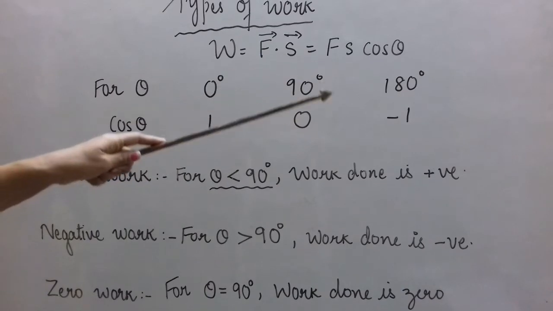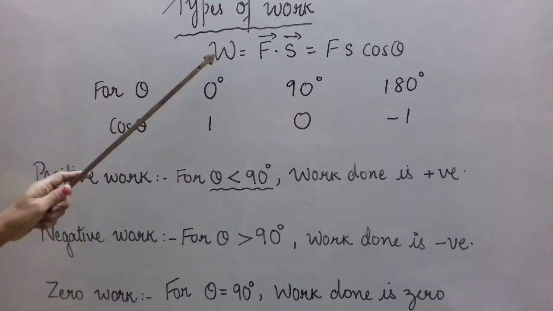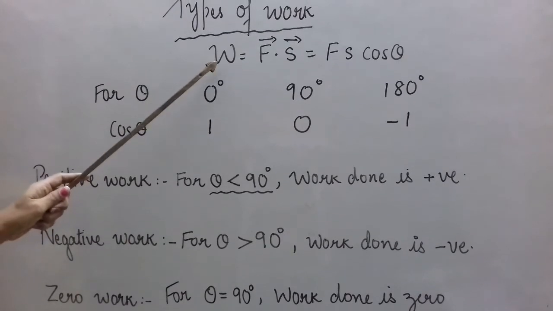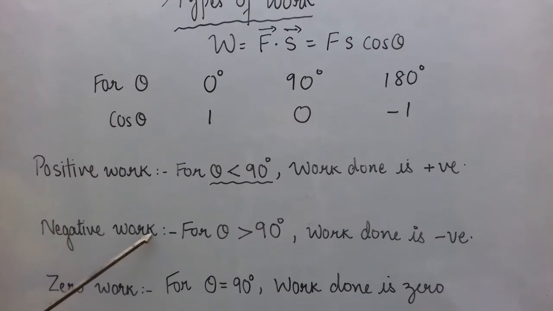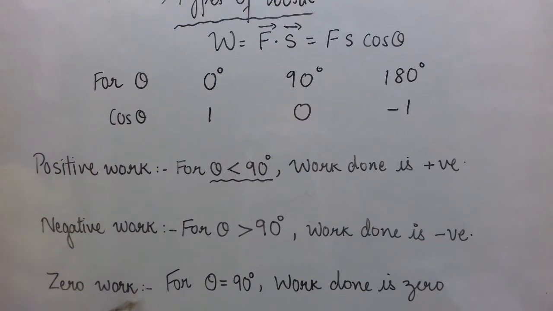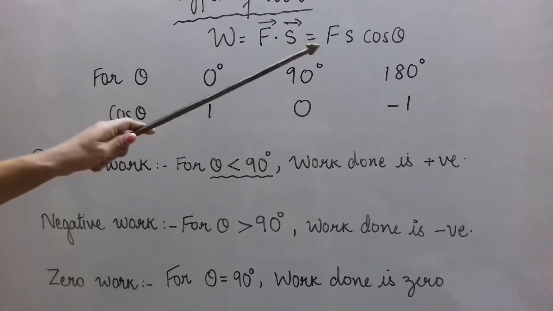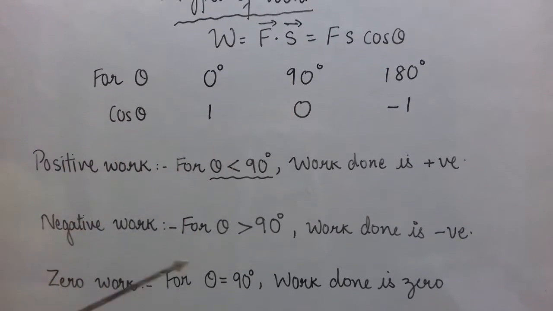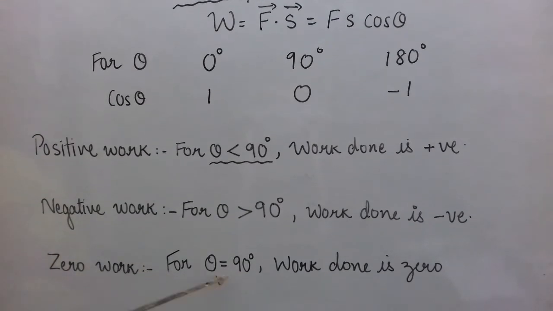When theta is equal to 180 degree, cos theta is minus 1, and in that case maximum negative work is done, and that is W is equal to minus F into S. So last case, when force and displacement are perpendicular to each other, cos theta will be 0 because cos 90 is 0. In that case, we say work done is 0.